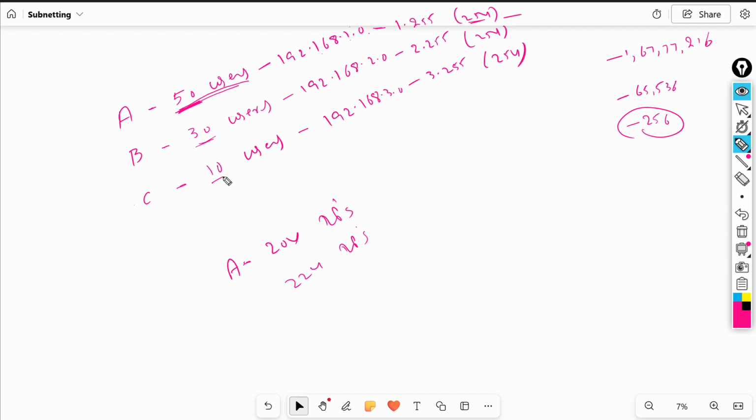For Department C, only 10 users means we require only 10 IPs, but the network provides 254. 254 minus 10 is 244 IPs, so we lose 244. So in total we lose more than 600 IPs.